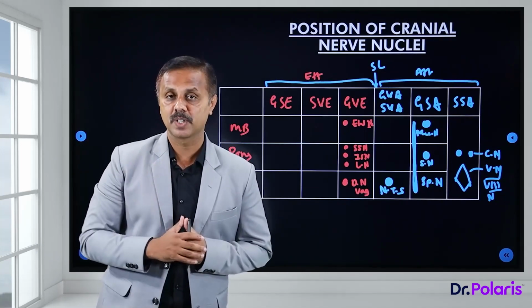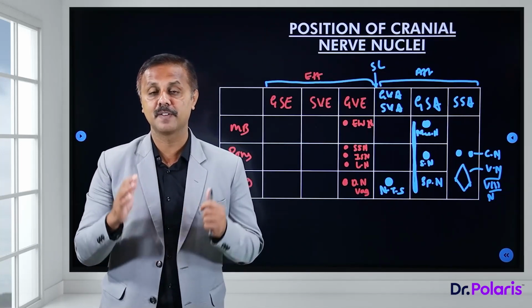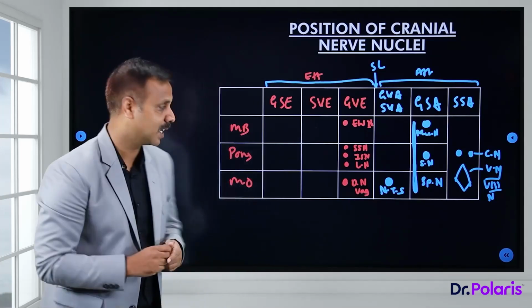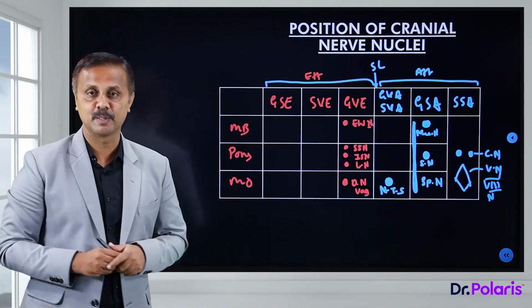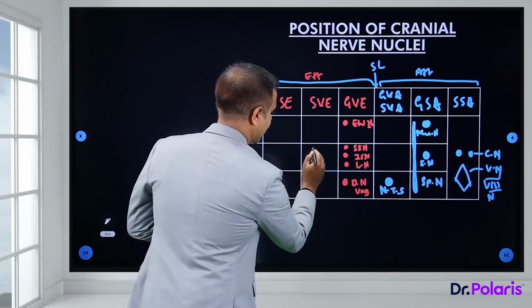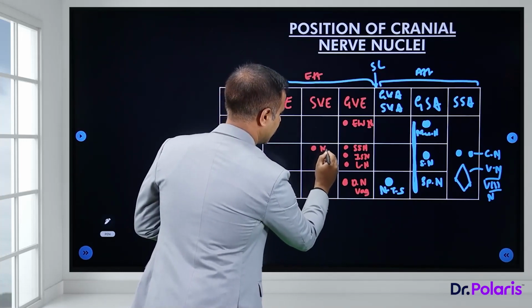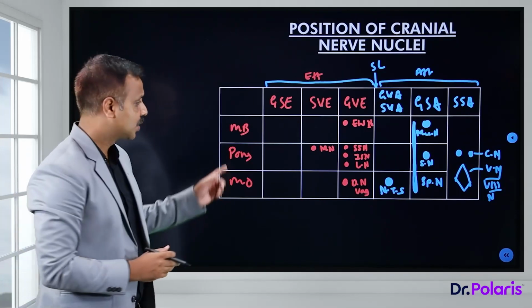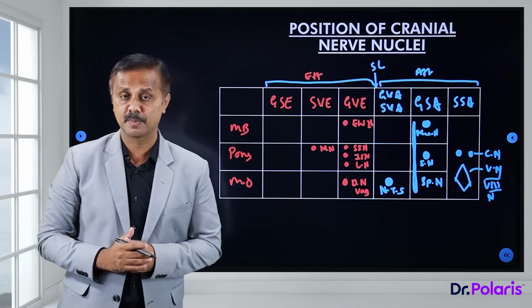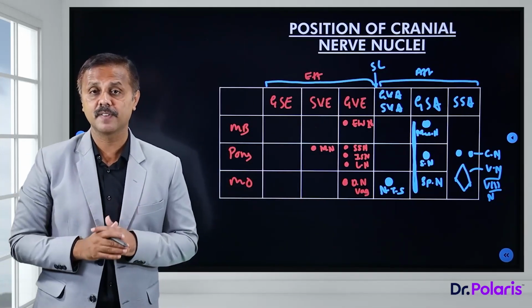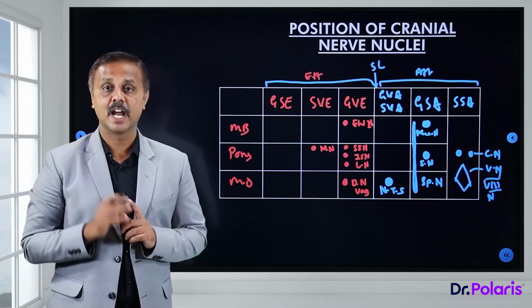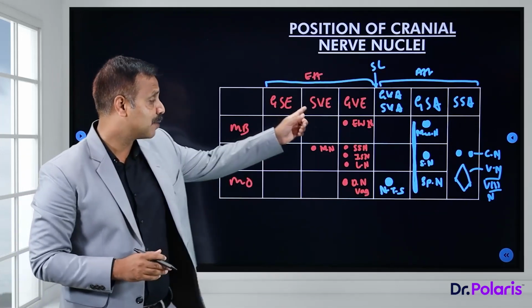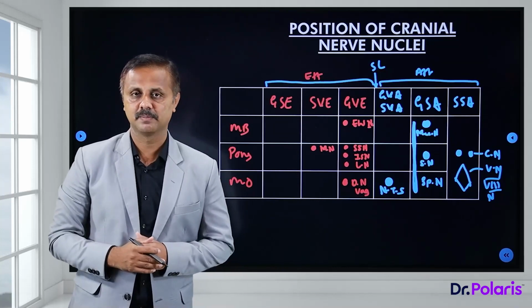Now, what is the motor nucleus of the trigeminal nerve referred to as and where exactly it is present? Remember, it is located in the pons and we call this as the motor nucleus of trigeminal nerve. Right? So we have the motor nucleus of trigeminal nerve which will innervate the muscles of mastication. And this is present in pons and belongs to special visceral efferent column.